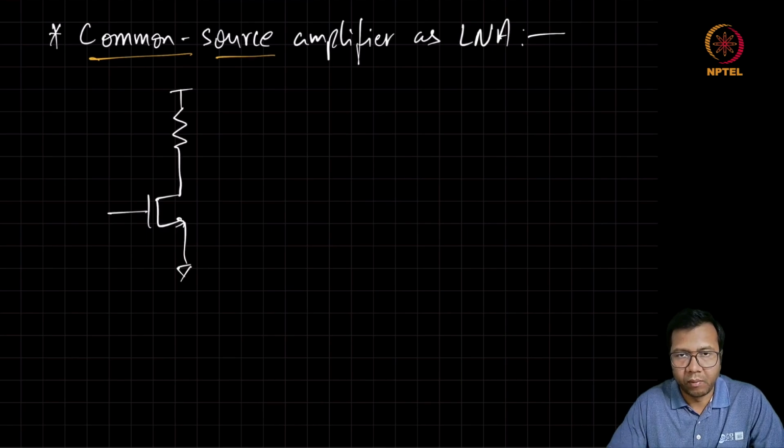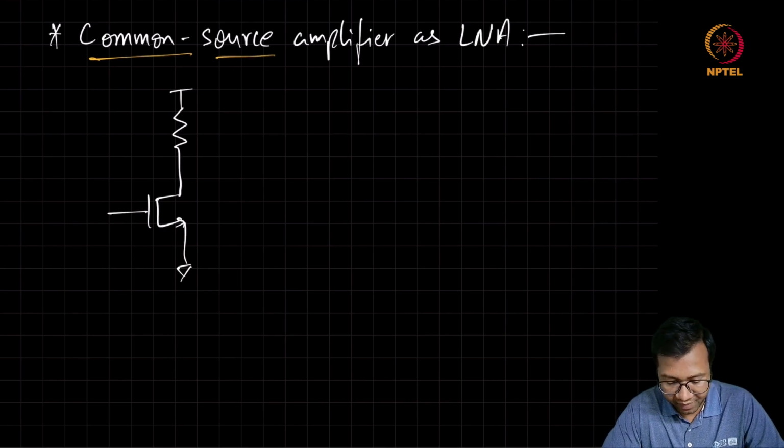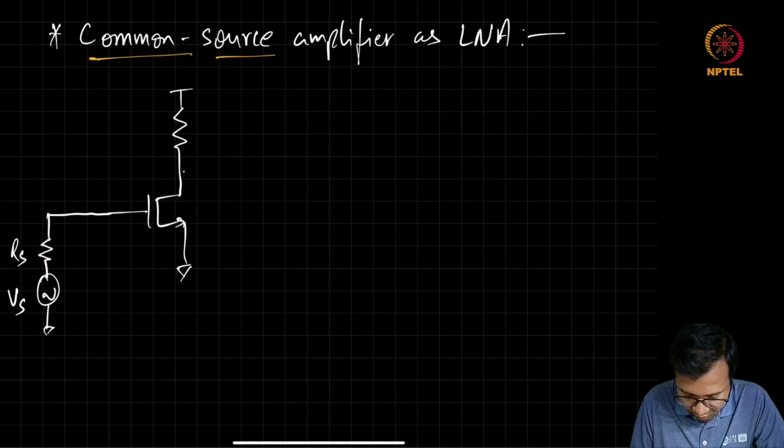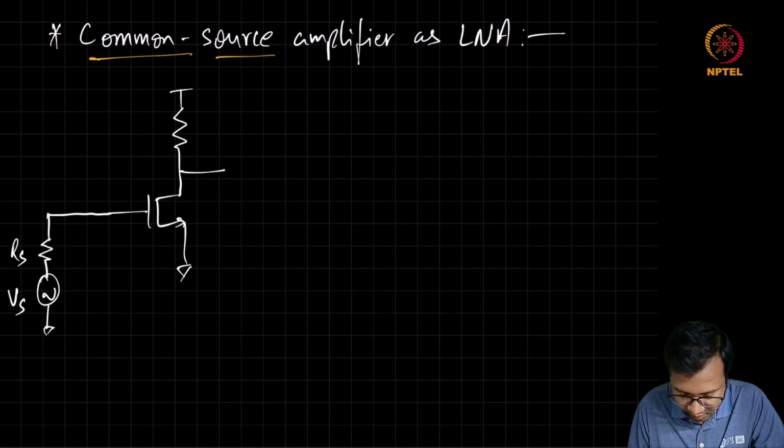And here I may not be showing all the biasing details. We can perform the small signal analysis to find the gain and the noise performance. Input is coming from the source, and output is taken at the drain of the MOSFET.